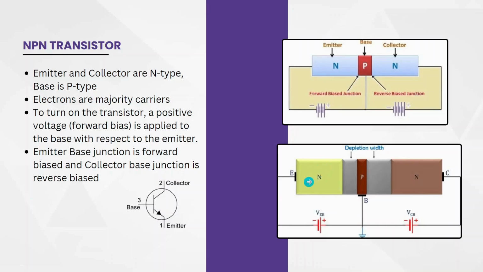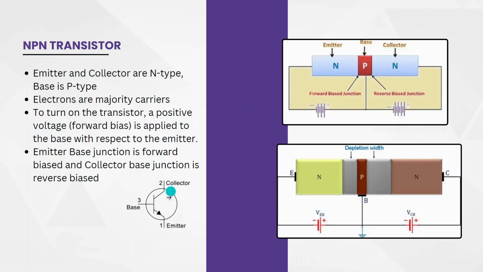Now, the N side is connected to the negative of the voltage and P is connected to the positive of the voltage, which means this emitter-base junction is forward biased. Similarly, on this side, P is connected to negative, but N is connected to positive of the voltage, which means this is reverse biased. So the collector-base junction is reverse biased. In this state, the transistor would be turned on.